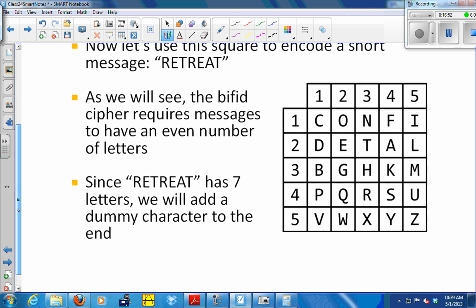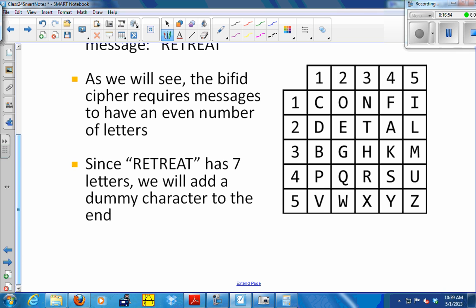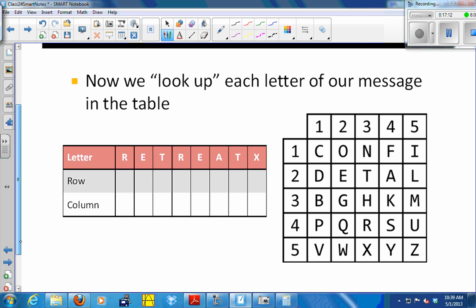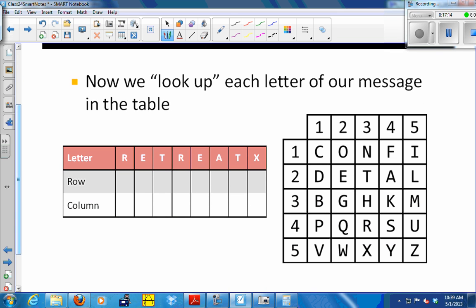But first, and you'll see why, we have to make sure our message has an even number of letters. Retreat only has 7 letters, so we're going to add a dummy character to the end like an X or a Q, some letter that's not easily confused with the original message. So I write out retreat X.